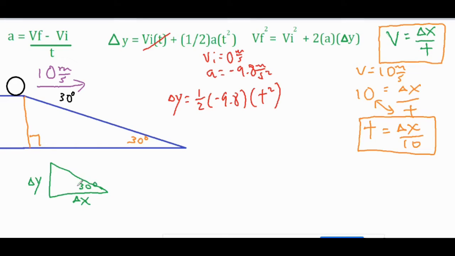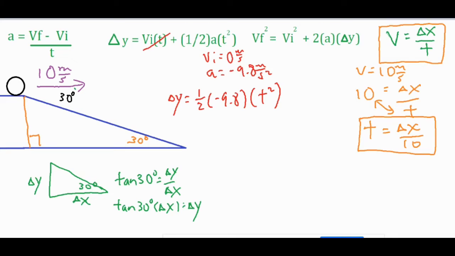The reason why it's tangent is because tangent takes the opposite side and the adjacent side. So we know that the tangent of 30 degrees equals our delta y over our delta x. So if we multiply both sides by delta x, the tangent of 30 degrees times delta x equals our delta y. We're going to have to do that so that we can put everything in terms of delta x, and then we can use that to help find our final answer.